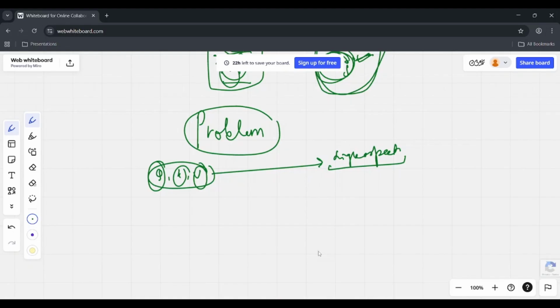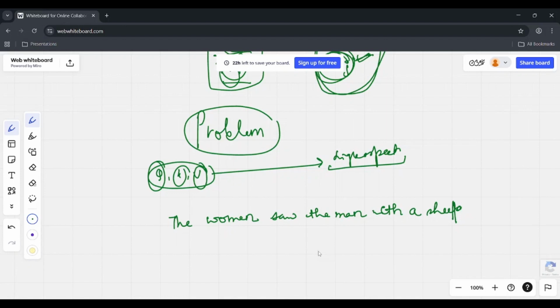For example, let's say I have a sentence: the woman saw the man with the sheep. The woman saw the man with the sheep.